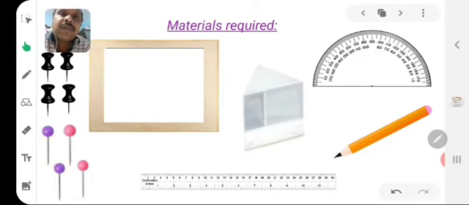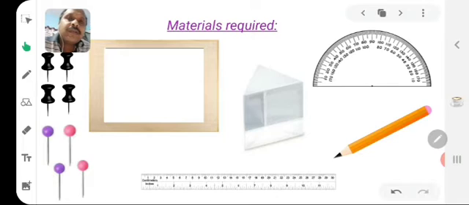So now, whenever we are conducting any experiment, the first thing that we should be aware of is what are the materials required for conducting that experiment. So right now on your screen you can see all the materials that will be required to conduct this very simple experiment. What are they? First and foremost, we need a glass prism, obviously.